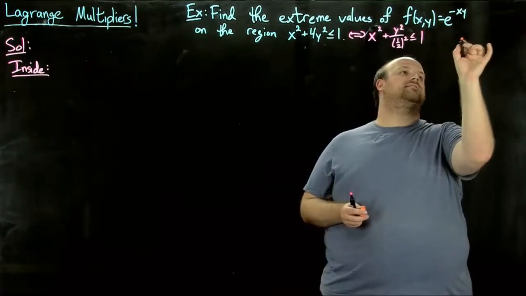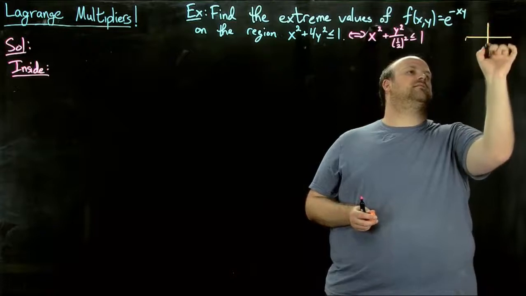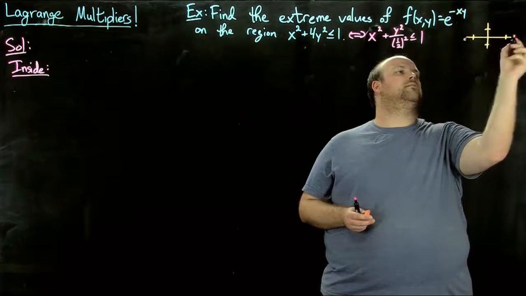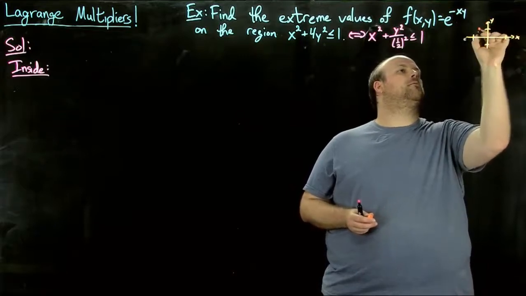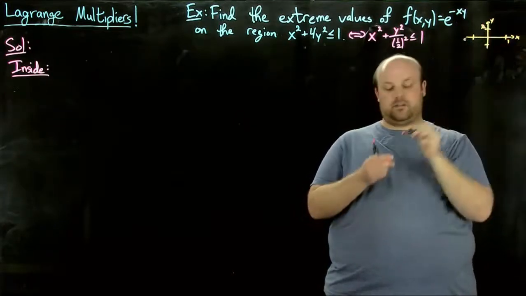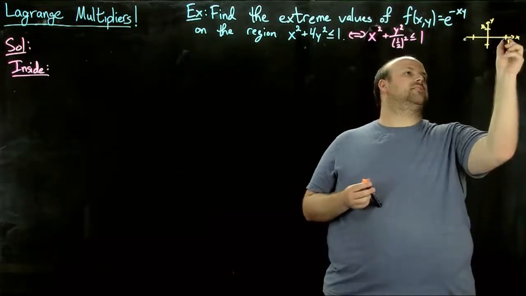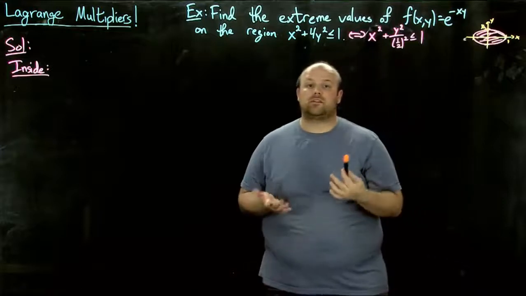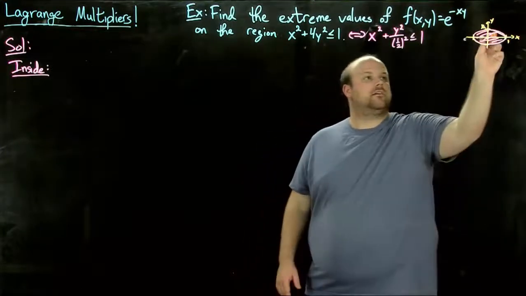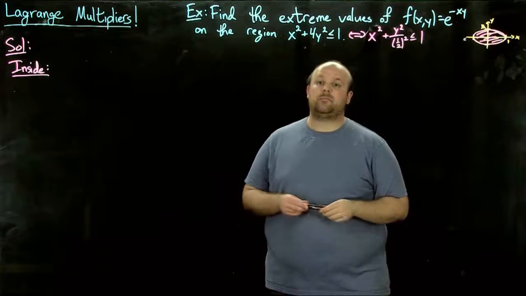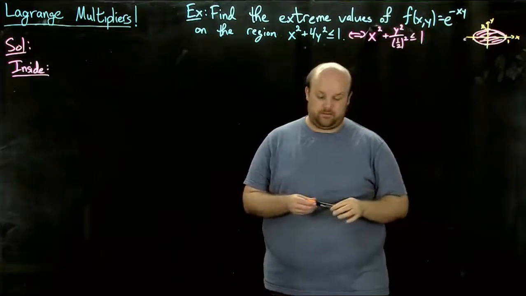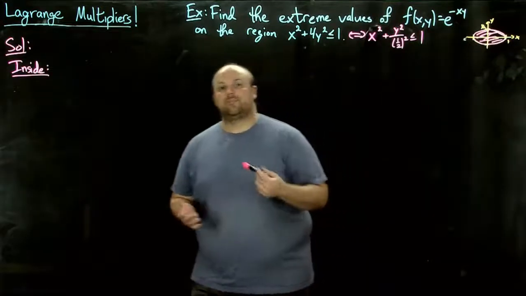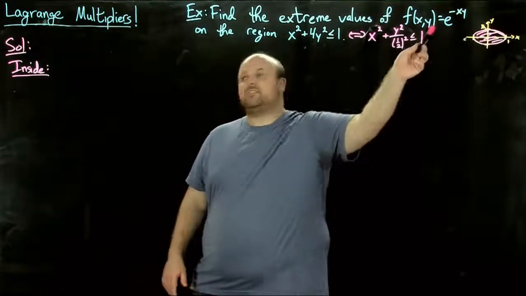If this is x and this is y, it goes out like this, where this is a half and this is 1, and the ellipse looks like this. So we have two parts. We have to find the critical points inside the ellipse, and then we have to do Lagrange multipliers on the boundary. So inside, what we're doing is looking for points where the gradient of f is 0.